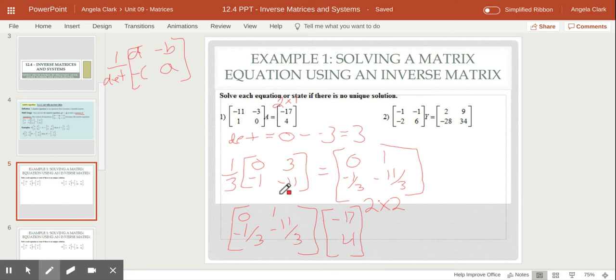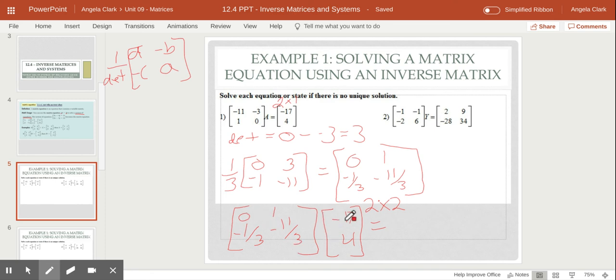Okay, so I'm doing this multiplication and I'm going to get a 2 by 1 as my solution. That's what I want, right? Because I just want x and y. Assuming that this is x and y. I'm not actually told.